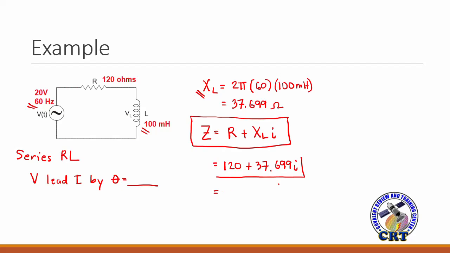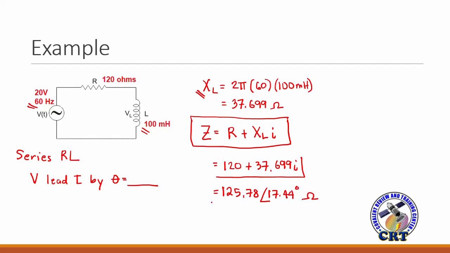Convert this to polar form. We have 120 and 37.699. The polar form is 125.78 angle of 17.44 degrees.